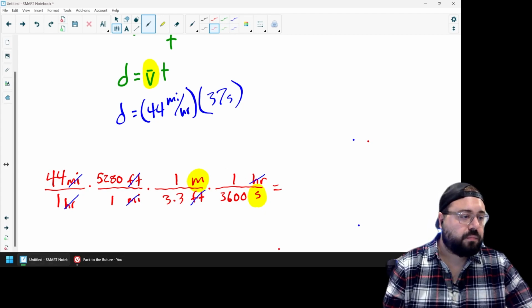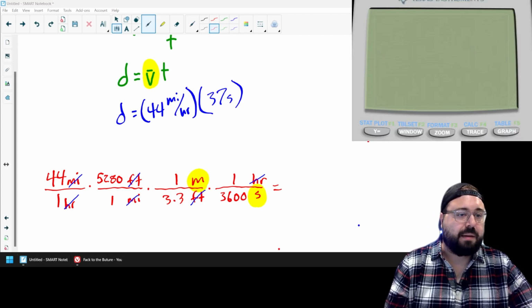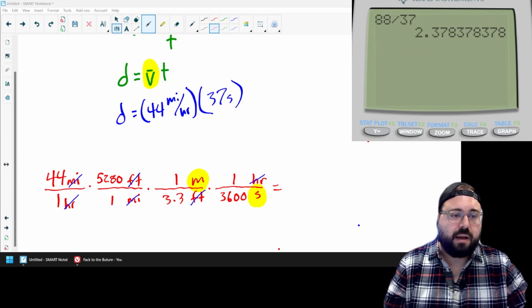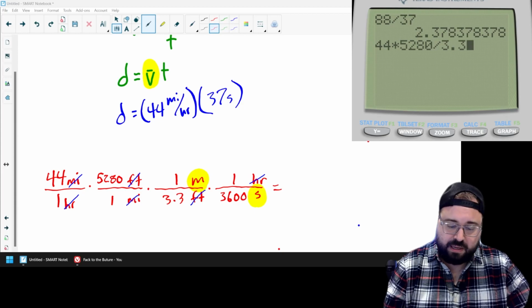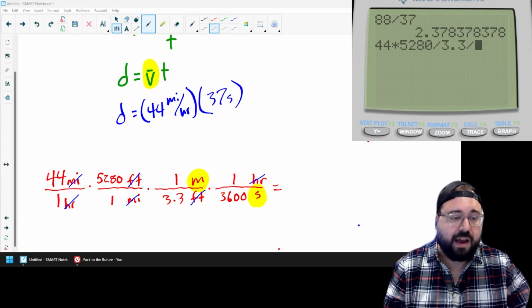So let me bring the calculator back up. All right, I'm going to do 44 times 5,280. I'm just going to do this all in one shot. Anything in the numerator, I'm going to multiply. Anything in the denominator, I'm just going to divide. So I'm going to divide by 3.3, and then again divide by 3,600.